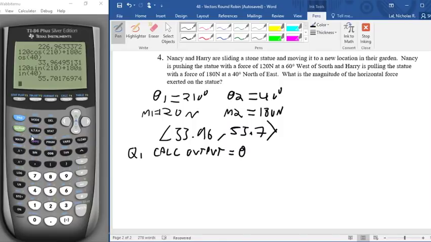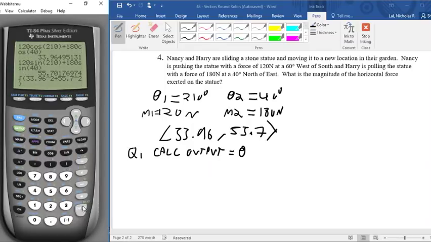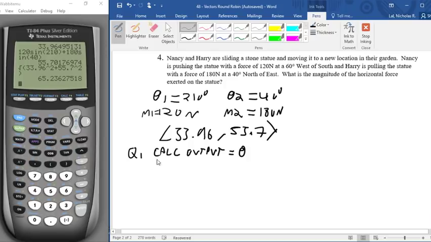Our magnitude is going to be the square root of 33.96 squared plus 55.7 squared. That was 65.23. So actually, we're fine here. It's just asking for the magnitude of the horizontal force exerted on the statue, right?